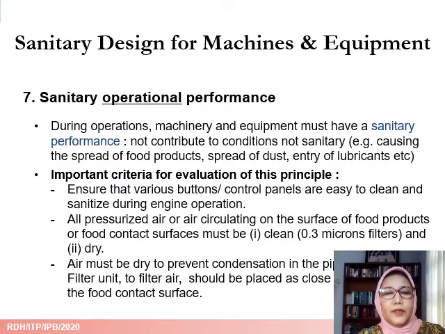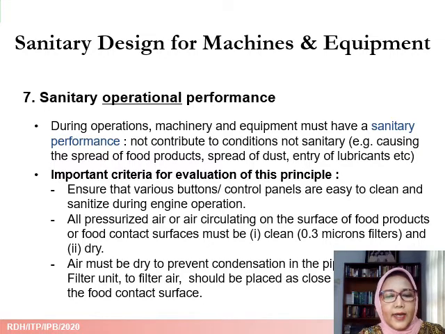The seventh principle requires that machine and equipment have a sanitary operational performance. During operation, machine and equipment must have a sanitary performance. That means they do not contribute to insanitary conditions, for example, spreading of food products, dust, entry of lubricants, etc. The following are important criteria for evaluating the principle. First, ensure that various buttons or control panels are easy to clean.